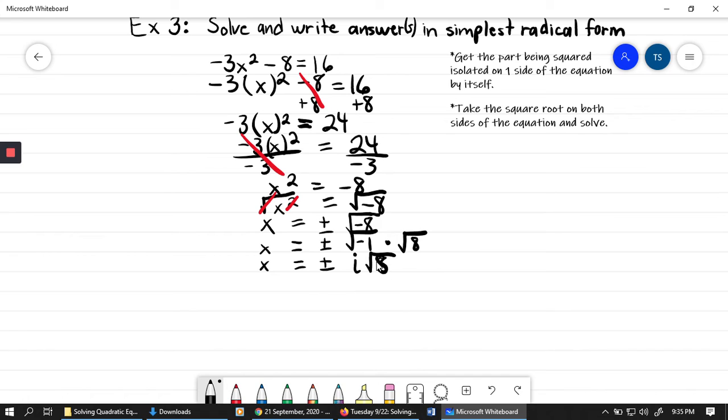So here we want to consider factors of 8, and which of those factors are perfect squares, and we want to choose the pair of factors that has the largest perfect square.